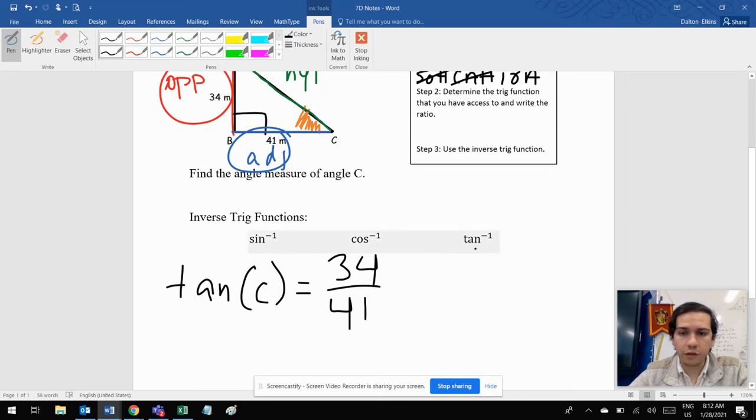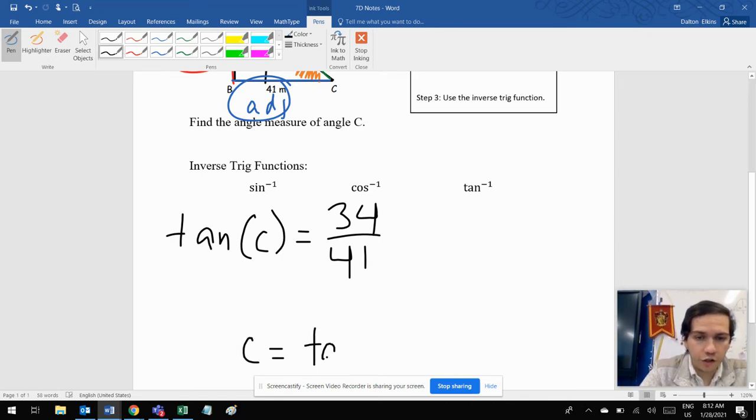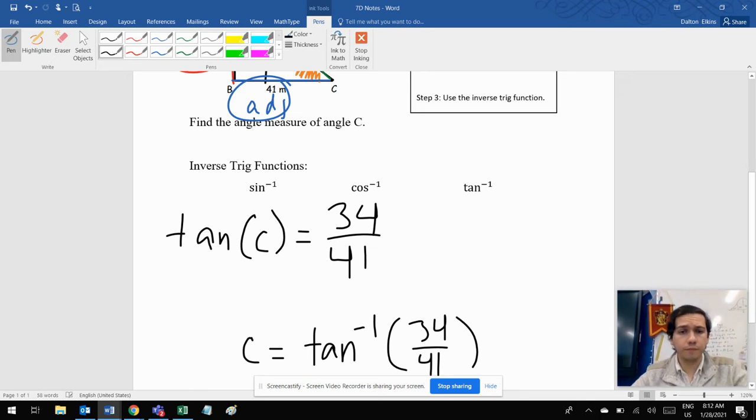And what we do is we actually use what's called an inverse trig function. So I can just rewrite this as C is equal to the tangent inverse, it has this little -1 up there, of 34 over 41. So I kind of have to move this tangent to the other side using its inverse.